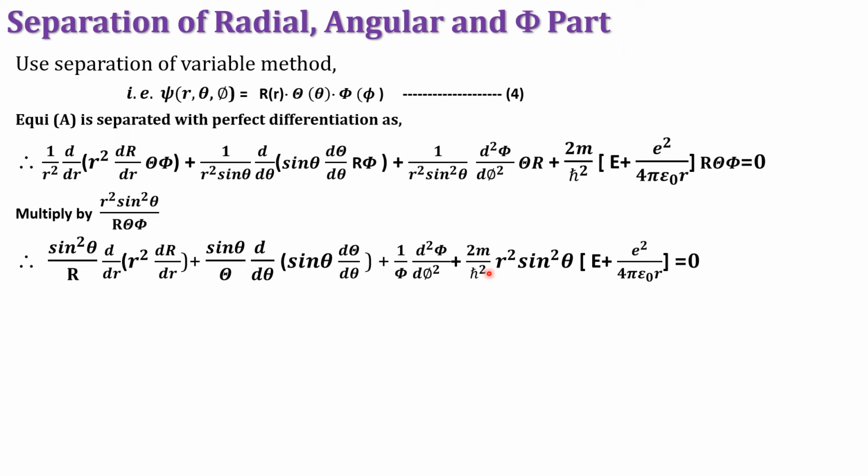Therefore, the last term is 2m by ħ² r squared sin squared θ into the bracket (E plus e² divided by 4πε₀r) equal to 0.